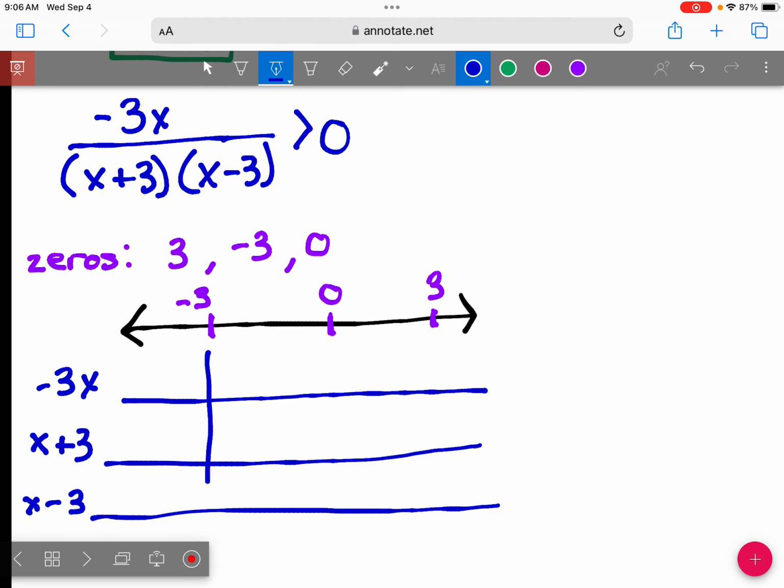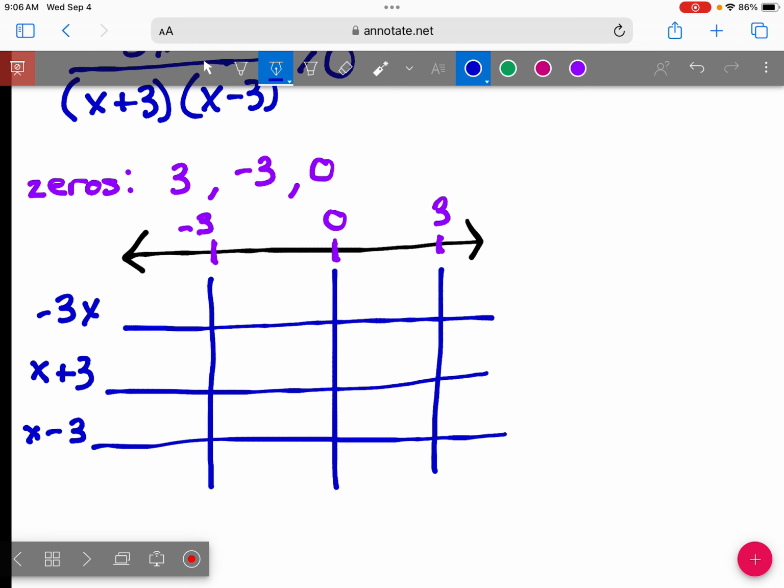And we're going to do our positivity for all these pieces.